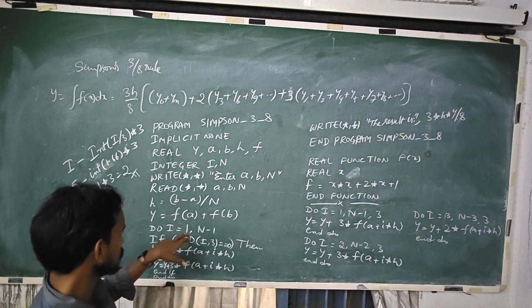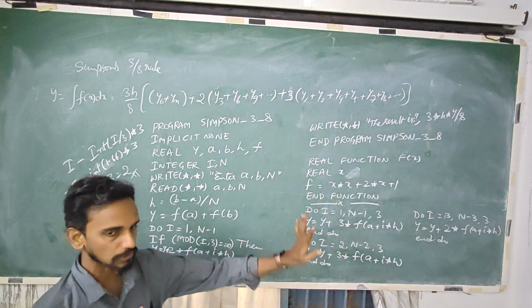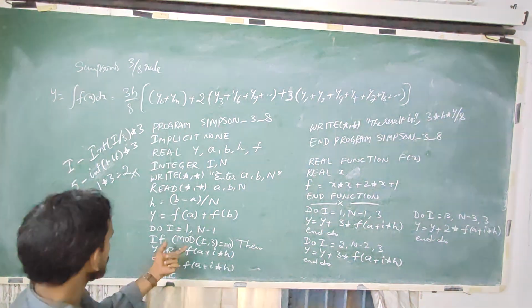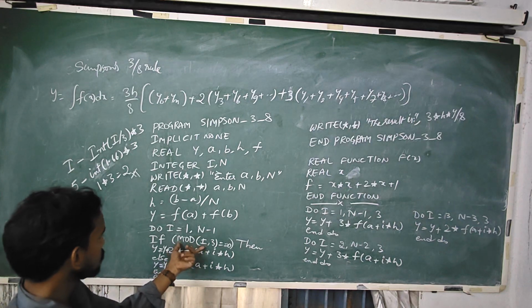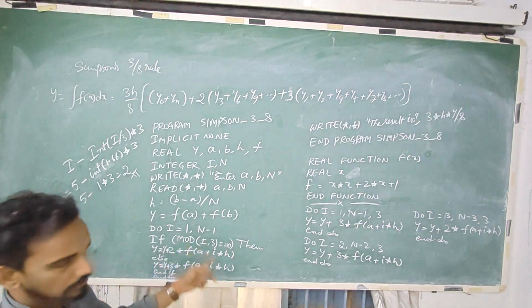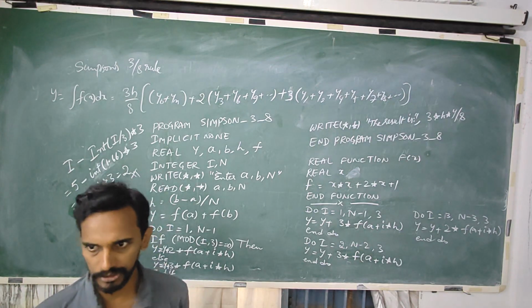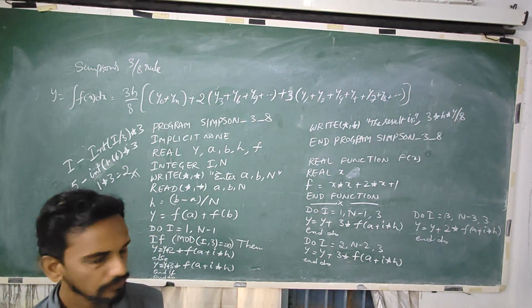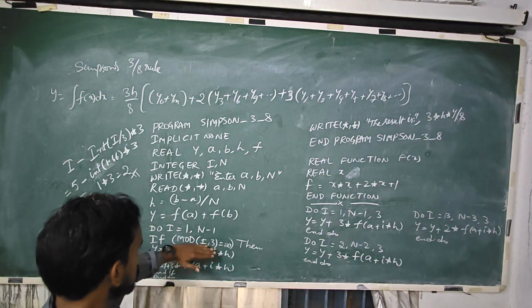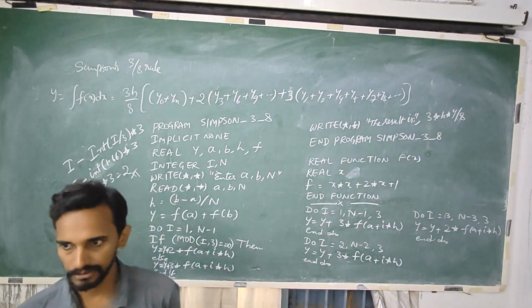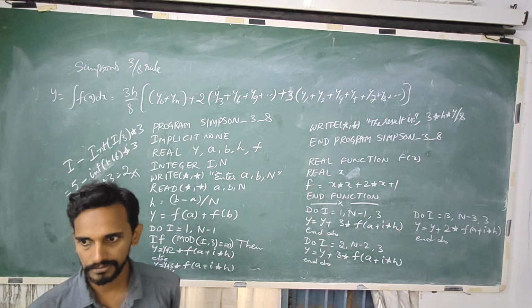I will be considering all the numbers from 1 to n minus 1. Number of loop operations are same, but simply I am avoiding all these 5 operations during modulus with if condition, with modulus operation. So I can simply avoid this. My code length increases, but computation time reduces.